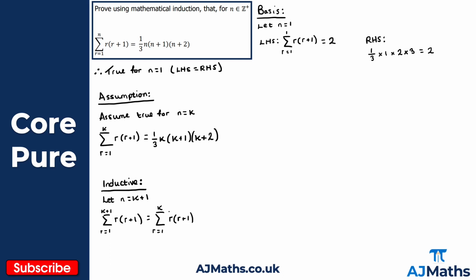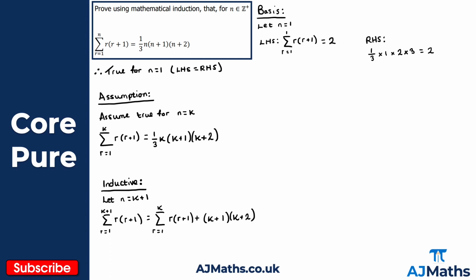And then we're going to add on the last term in this summation, when n is equal to k plus 1. That's my last term, or the k plus 1 term. So that would be k plus 1 times k plus 1 plus 1, that's going to be plus k plus 1 times k plus 2. Okay, so that makes it clear what I've just done there.